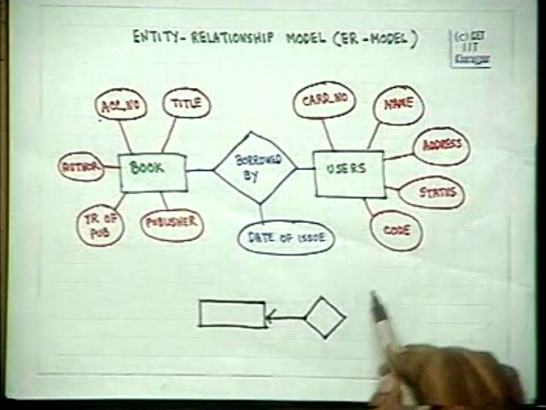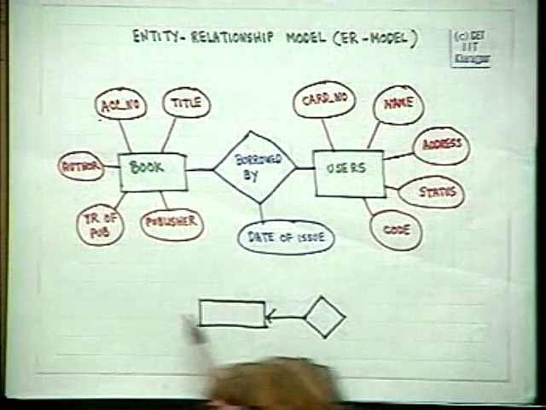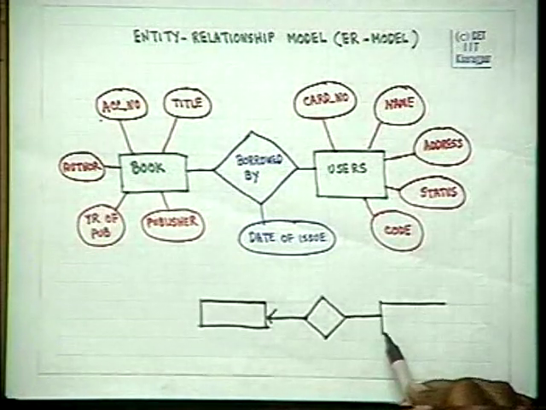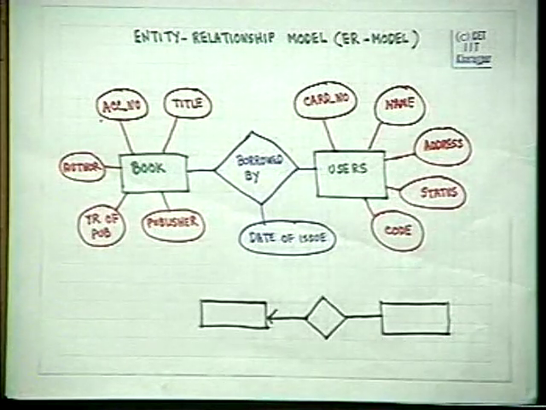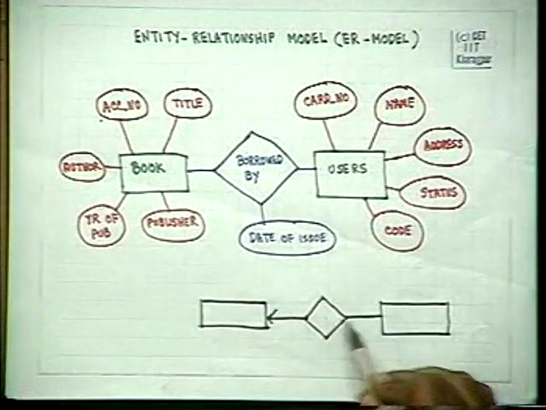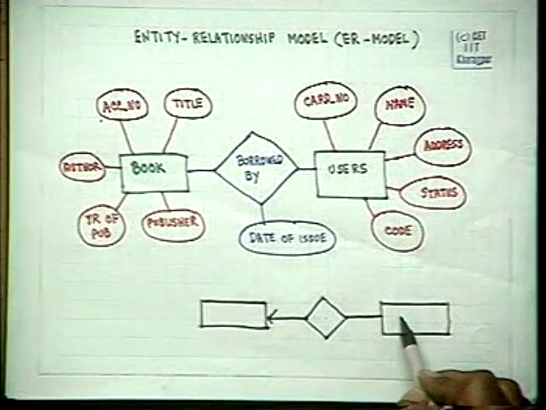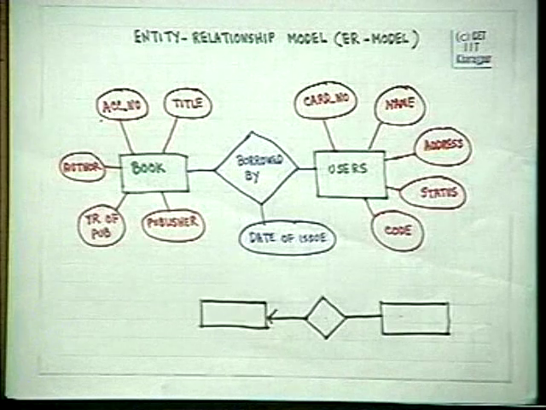On the other hand, if we write down a link without an arrow, then it means that this entity will participate in a many to one or a many to many relationship.